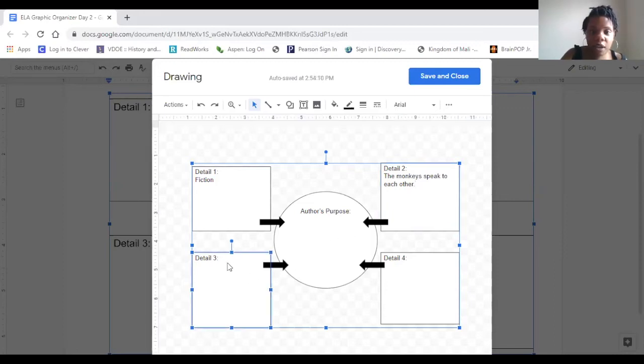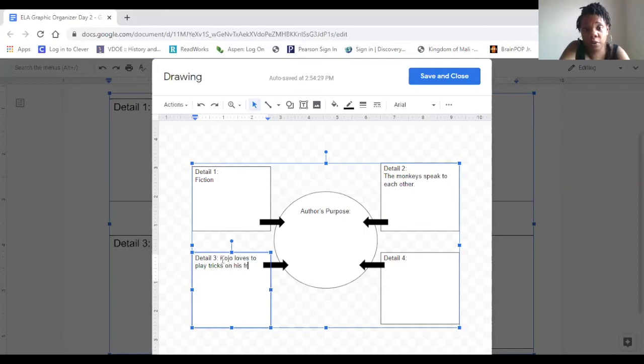And we also found that Kojo loves to play tricks on his friends. So if I use these three details, it's a fiction story, the monkeys speak to each other, and Kojo loves to play tricks on his friends.